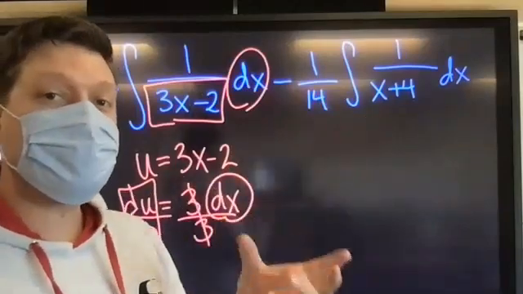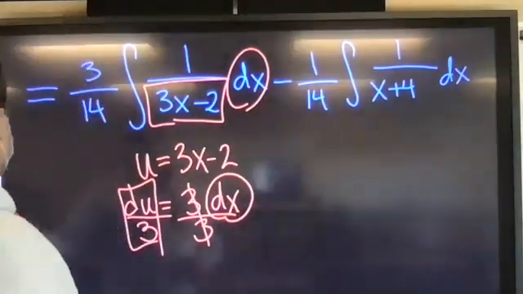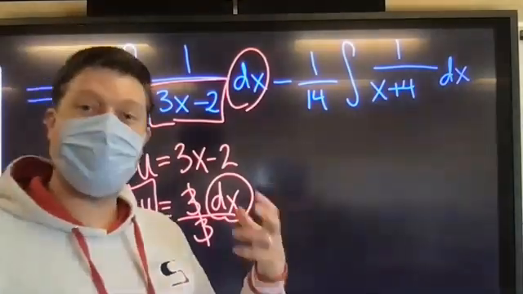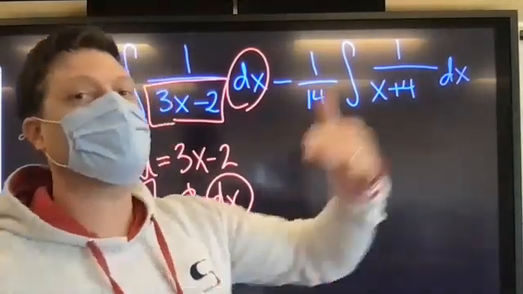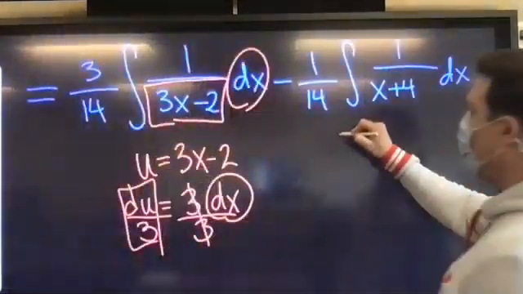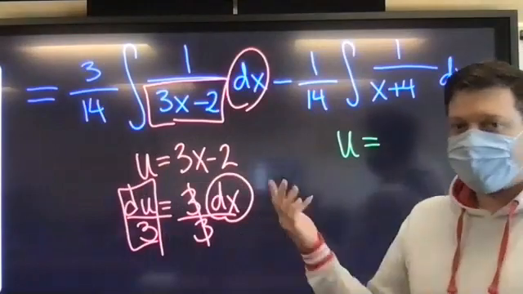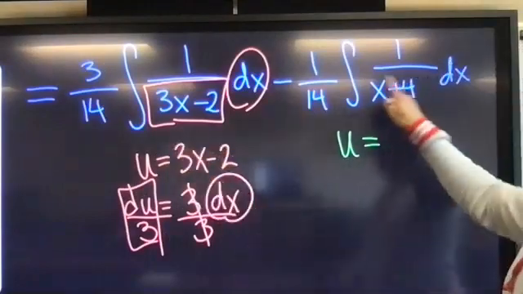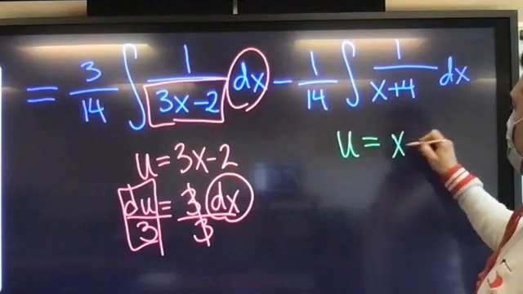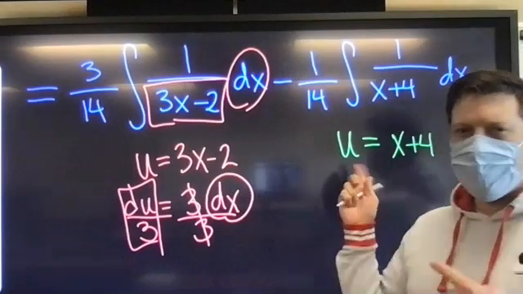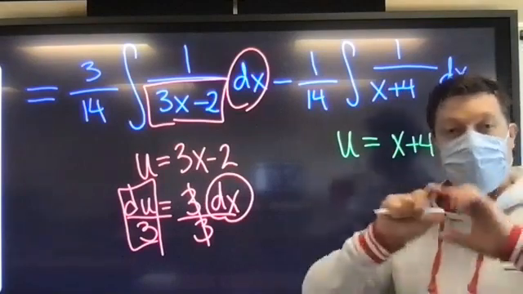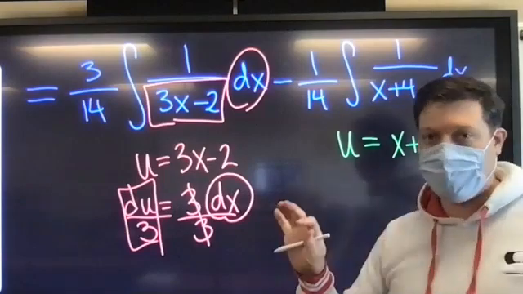And I'm going to do a u substitution again. Let me change color because even though the letter is the same, it's referring to something different. So over here, my u substitution will be this denominator. By the way, those were the 2 factors we got from factoring the quadratic.